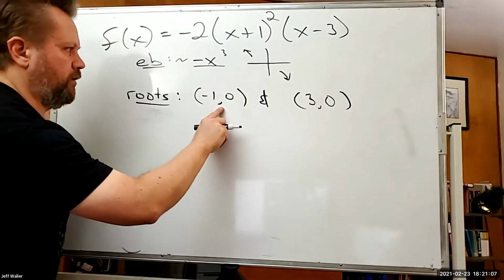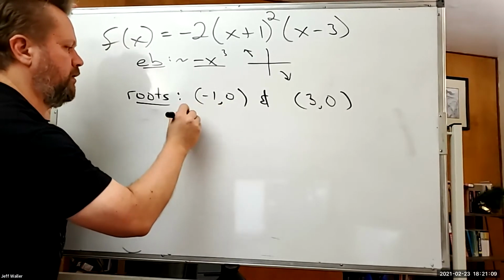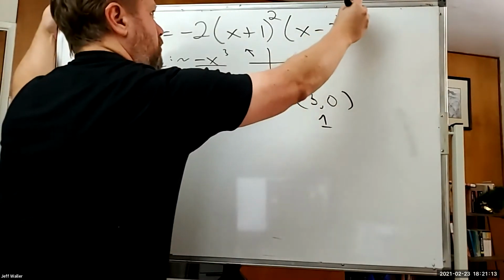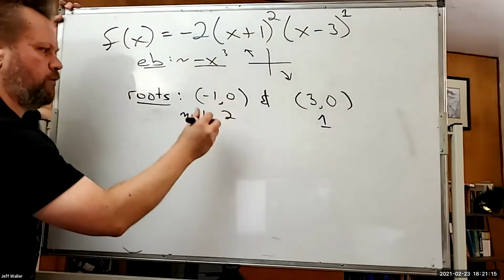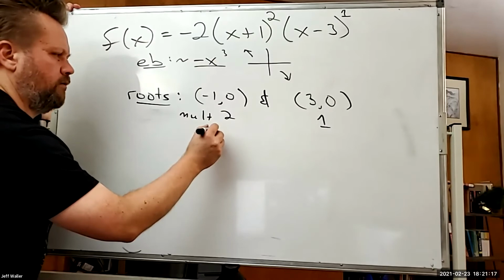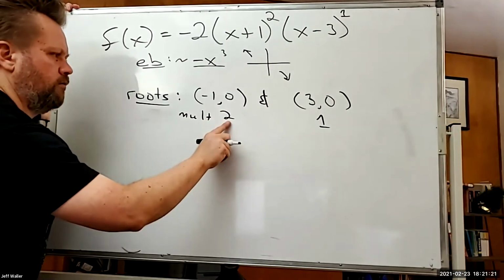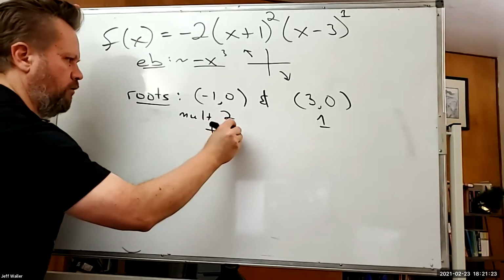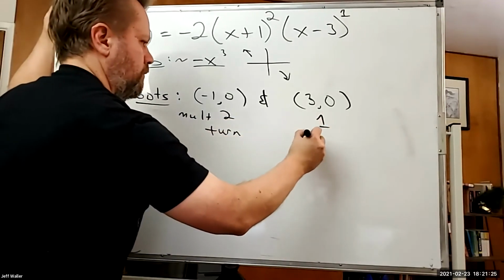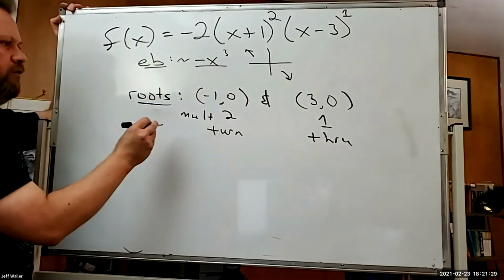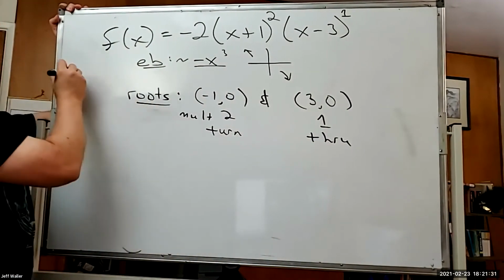So what's it going to do here? This has multiplicity 2 and multiplicity 1. Is that cool with everybody? There's an understood 1 up there. So what's it going to do at this one? Turn. What's it going to do here? Go through. I love it. Now do one more thing for me than we did last time. What's the y-intercept?